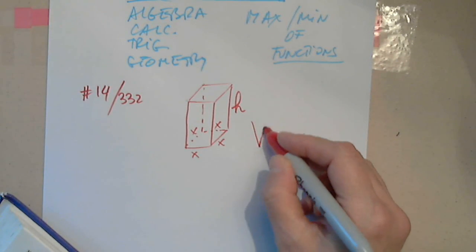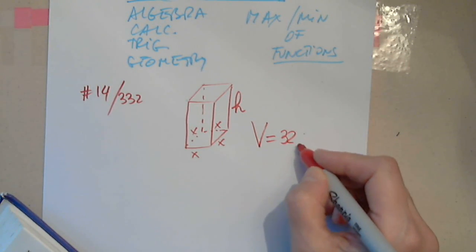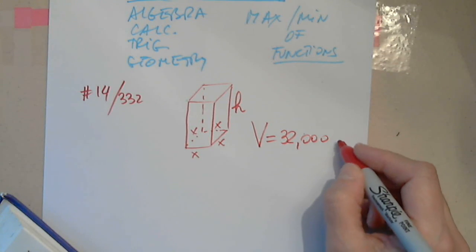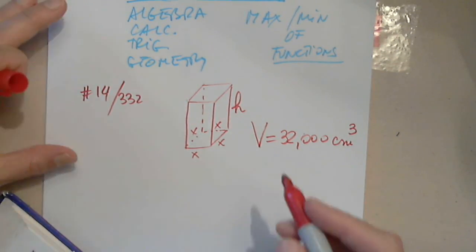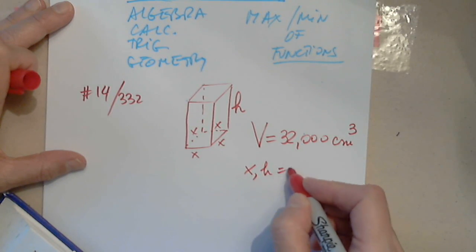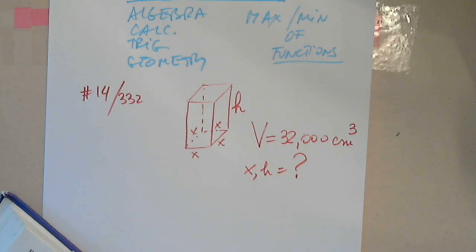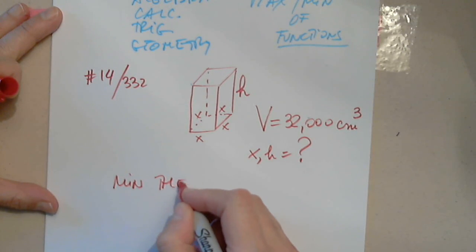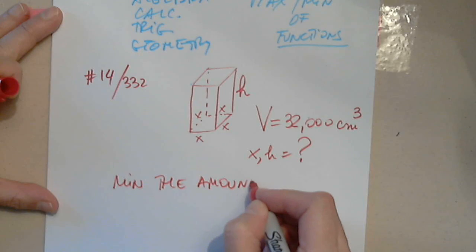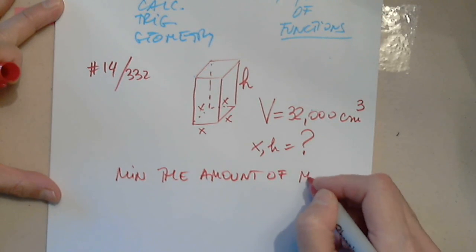It has to have a volume, they say, of 32,000 cubic centimeters. Find the dimensions of the box that minimize the amount of material used. Okay. Minimize the amount of material used.